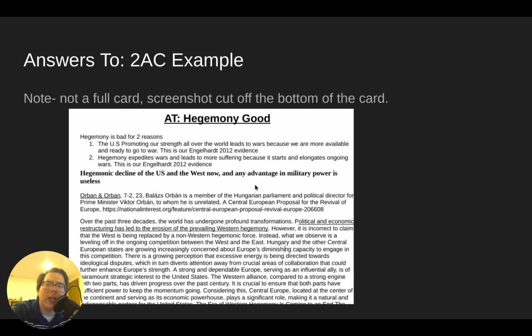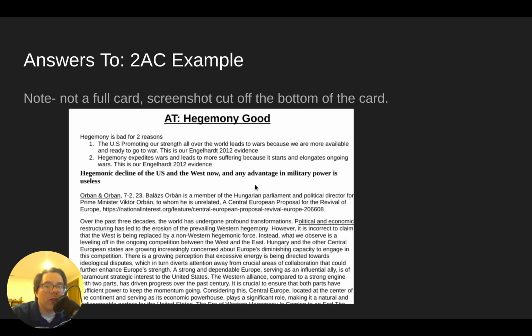For example, it's not a full card, but this is kind of a short block where we were on the AF, and we were not necessarily saying hegemony bad on the affirmative, but we were definitely saying imperialism that is inspired by the military-industrial complex is bad. And so teams were reading an argument that said hegemony was good against us, which is U.S. military might is good.